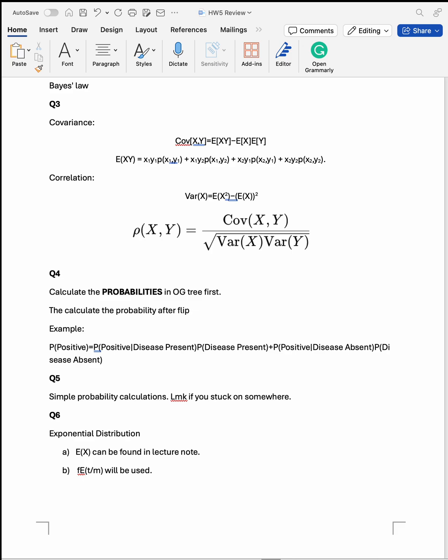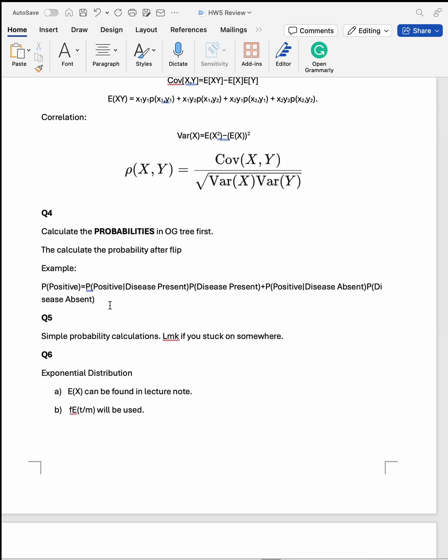Let's move on to question 4. In question 4, you will still use Bayes' law, which I won't go over. But first of all, you will have to calculate the probability of a negative test under disease present, and also under disease absent.